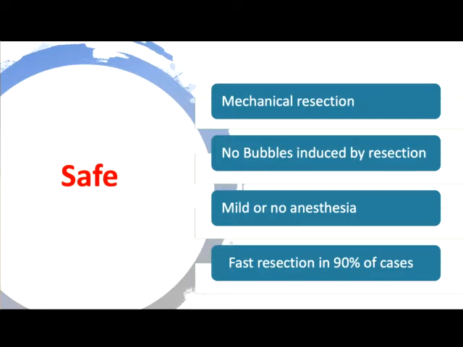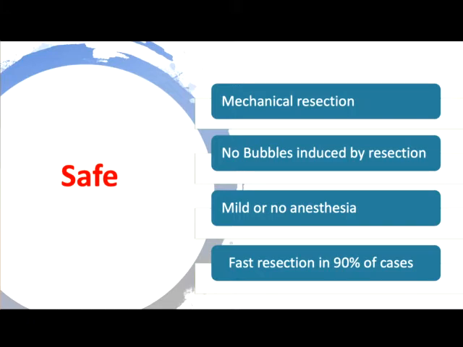Because we do not make any bubbles while we do resection with the shaver. You know that with the bipolar resectoscope you create bubbles, even if they are well absorbed, but you cannot recognize which bubbles are coming from the fluid bags from the bubbles you create by yourself.